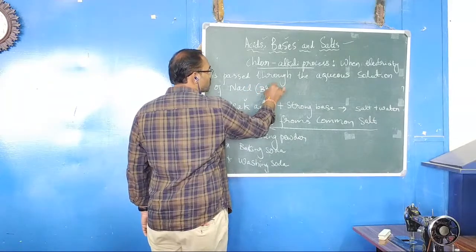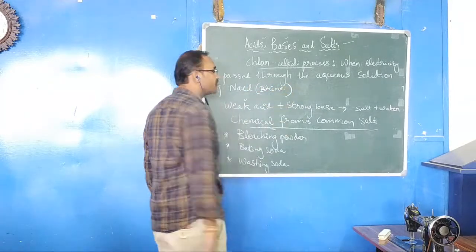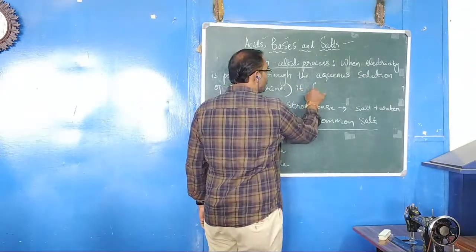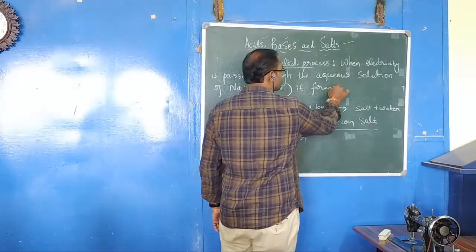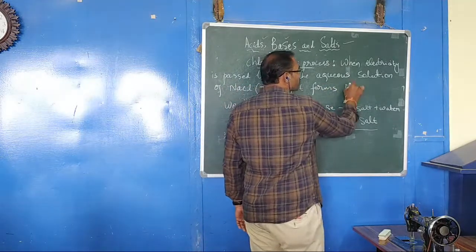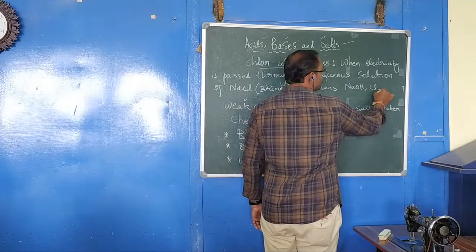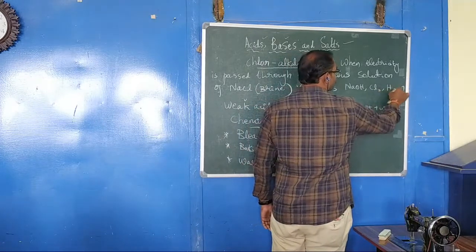The aqueous solution of sodium chloride is called brine. So it forms sodium hydroxide, chlorine and hydrogen.